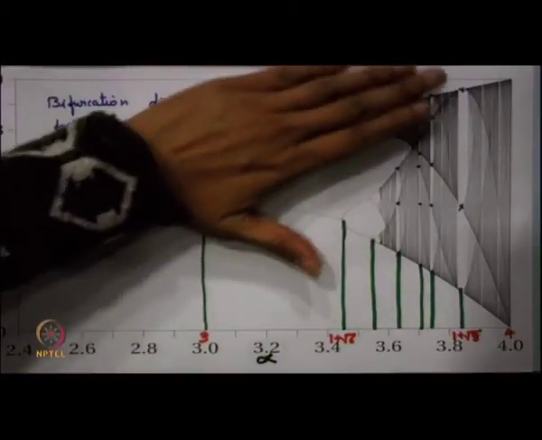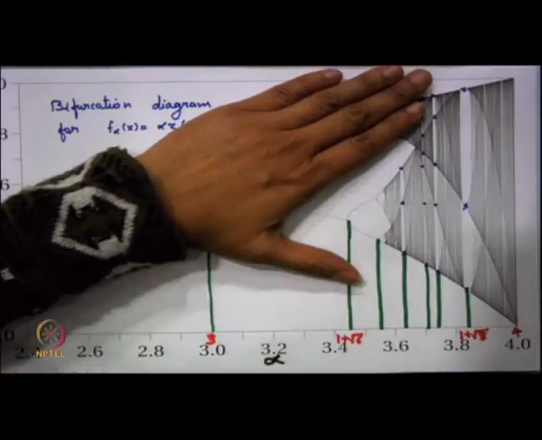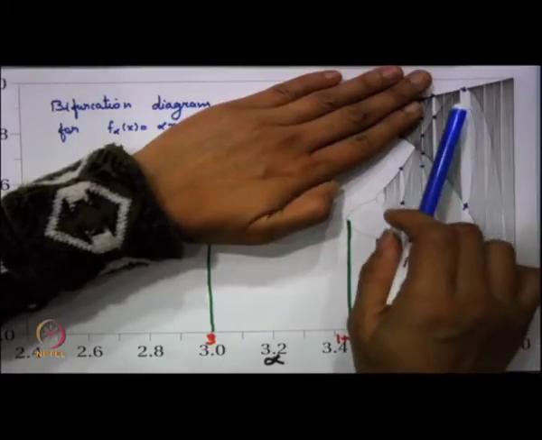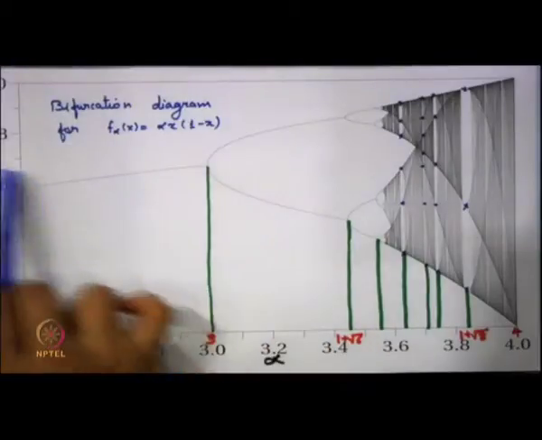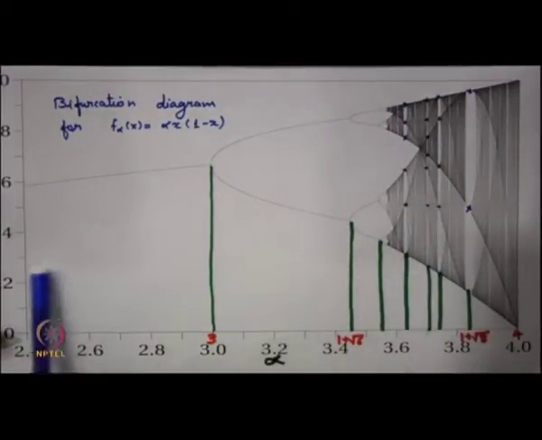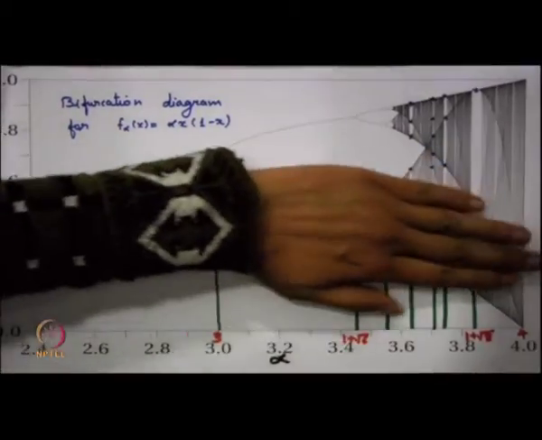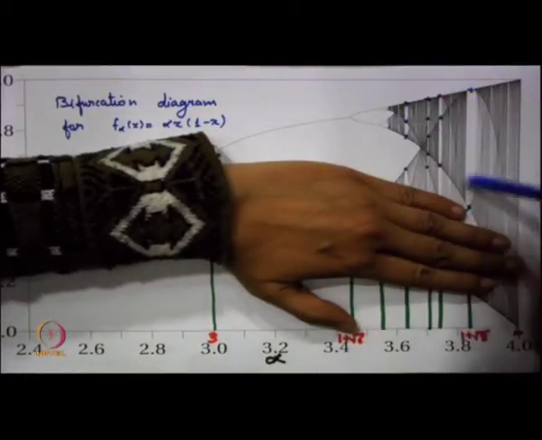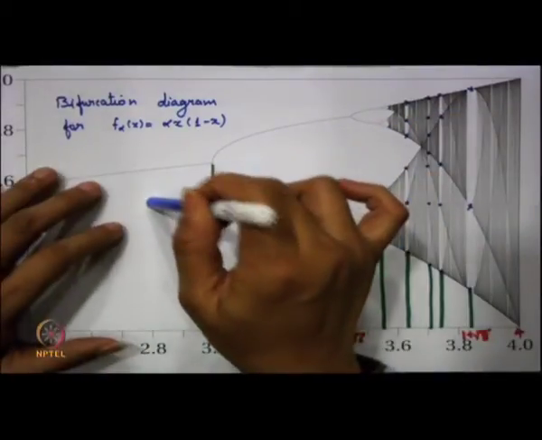Supposing I forget this portion of the bifurcation diagram and I just consider this particular portion, then we find that this particular portion is exactly similar to the whole. Forget this portion as well, looking into this particular portion, we find that it is also exactly similar to the whole one.